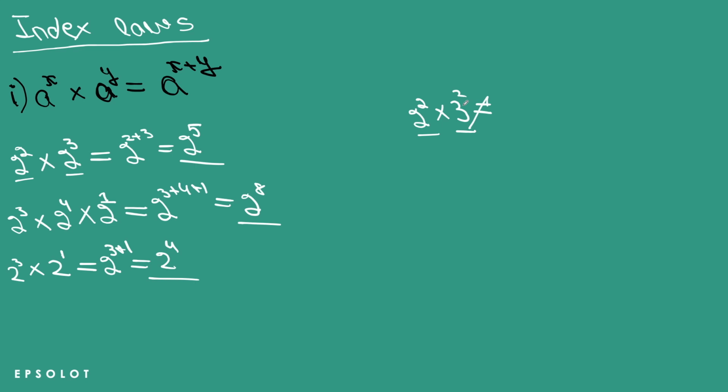Let's move on to the second rule that we have to follow. If you have a number raised to an exponent and you have a bracket being raised to another power, then the powers can be multiplied with each other, and you end up getting a to the power of x times y.